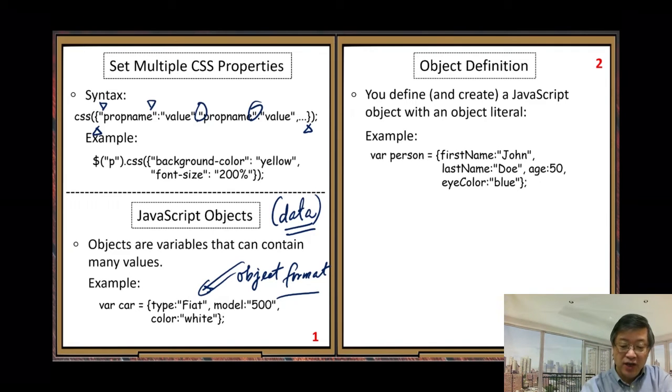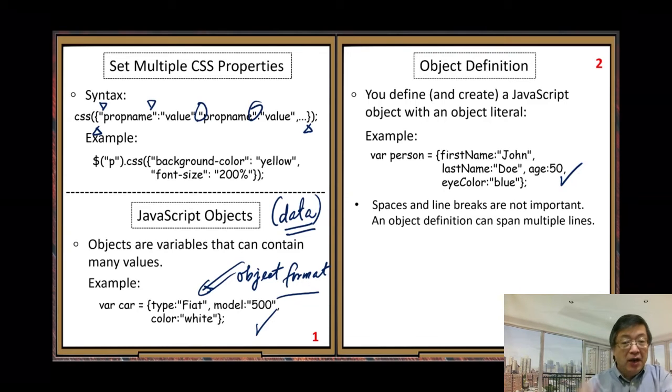You can see this is similar to the previous example, but you can organize it in multiple lines. Spaces and line breaks are not important. An object definition can span multiple lines. So that's simple.